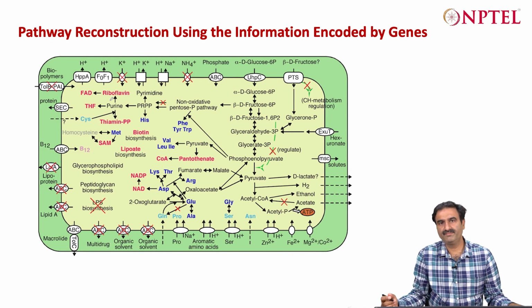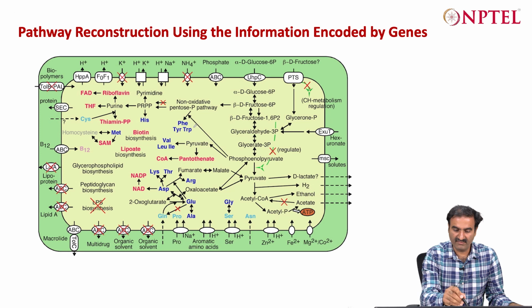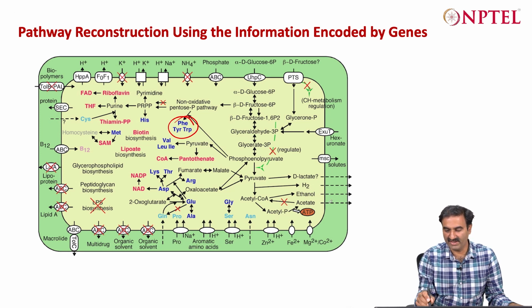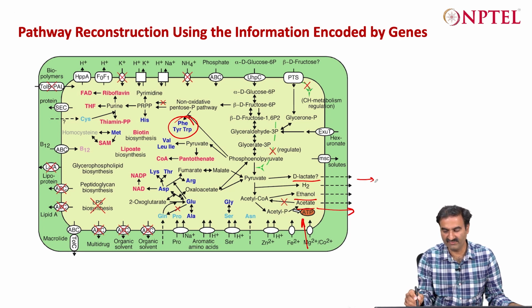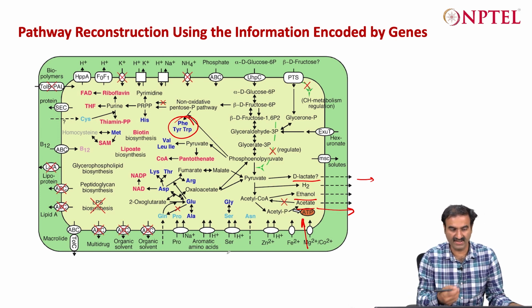And then when you publish a genome, you have done the gene prediction, you have done the pathway mapping and analysis, and after that you know which amino acids the genome you have in hand can produce, what is going inside the genome, and what is going outside the genome, like this one is producing ethanol and acetate and D-lactate which are going out of the cell, and what it is taking from outside the cell, right.